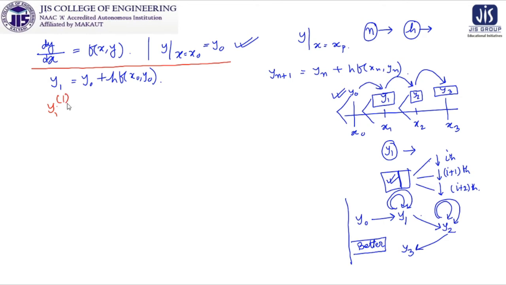That means we are not going to y2, we are at y1, but we increase the number of iterations in the calculation of y1, and the working rule tells us that we will calculate it by this formula: y0 plus h by 2 times f(x0, y0) plus f(x1, y1).